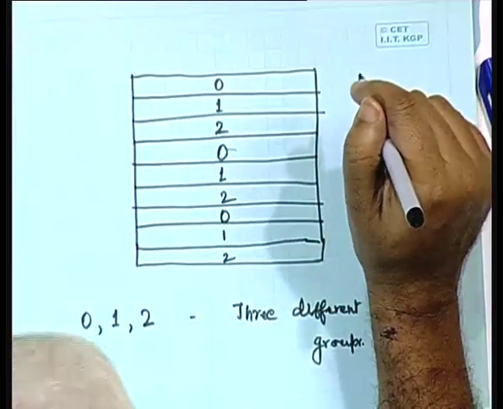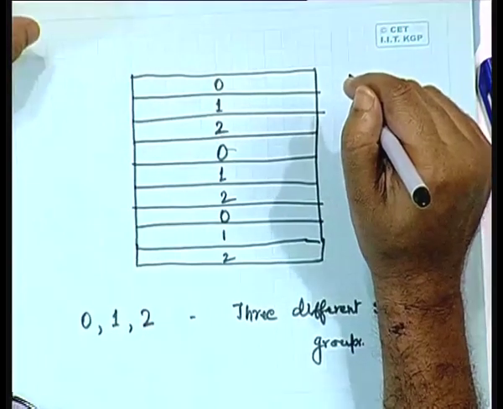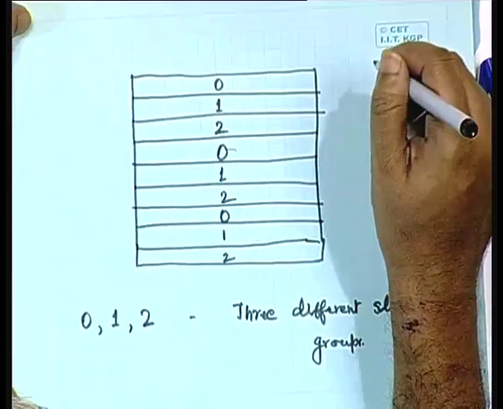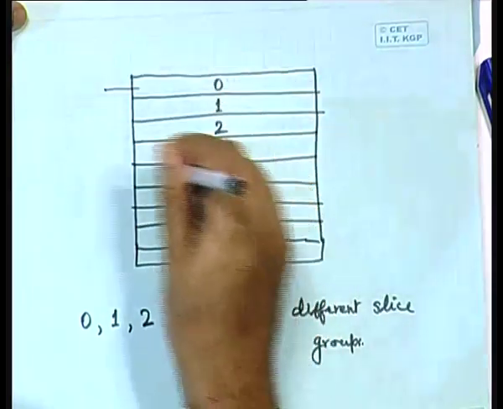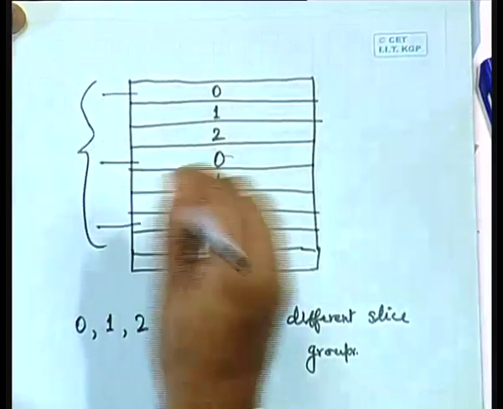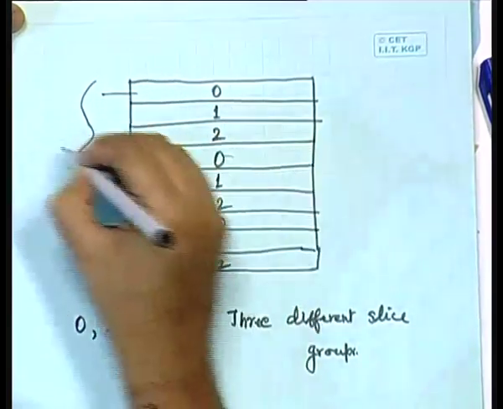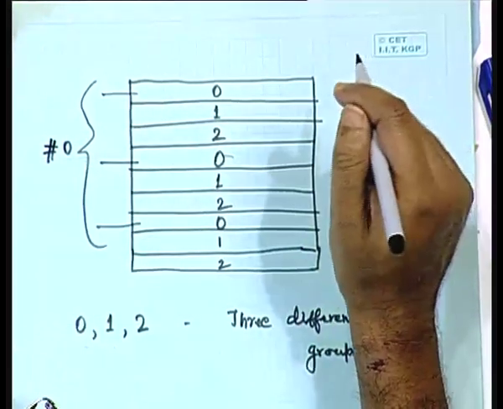So what am I referring to when I talk of slice group 0? If I say I want to transmit slice group 0, I am taking this slice, this slice, and this slice. Together, these three form slice group number 0.